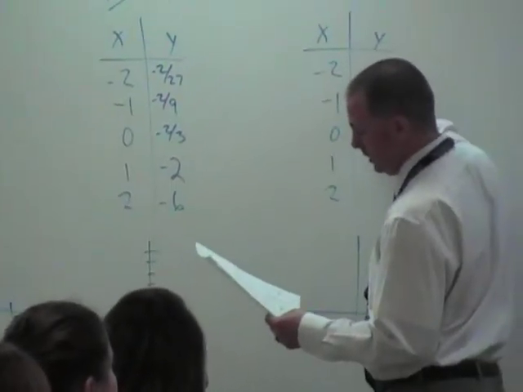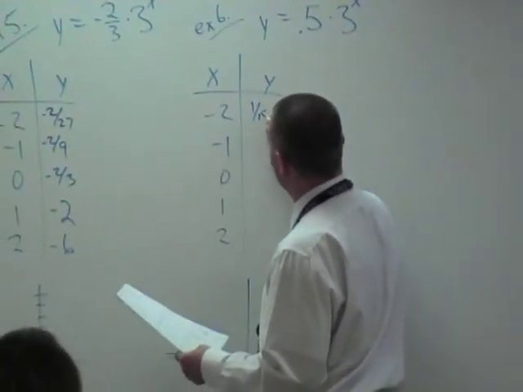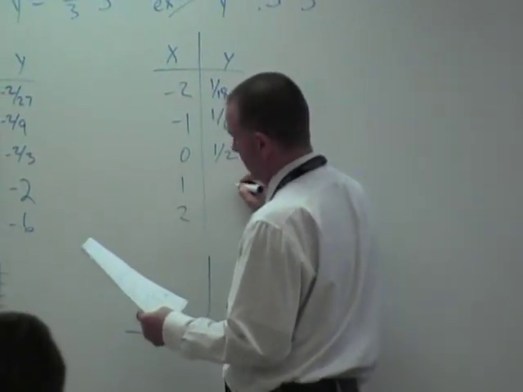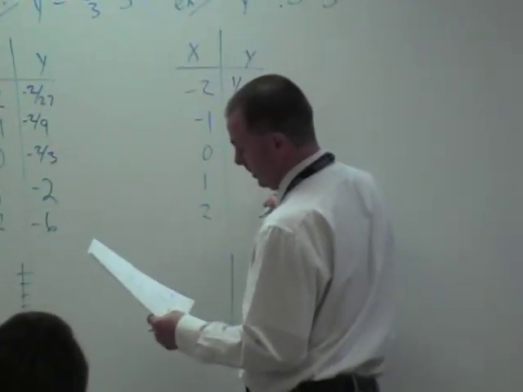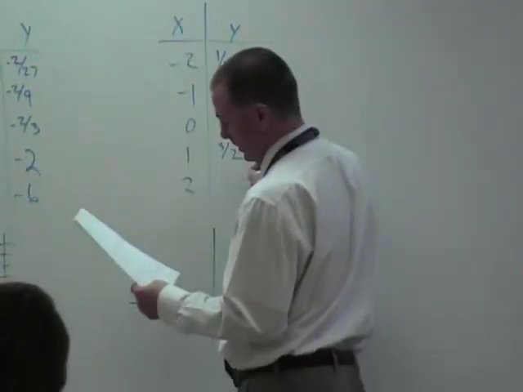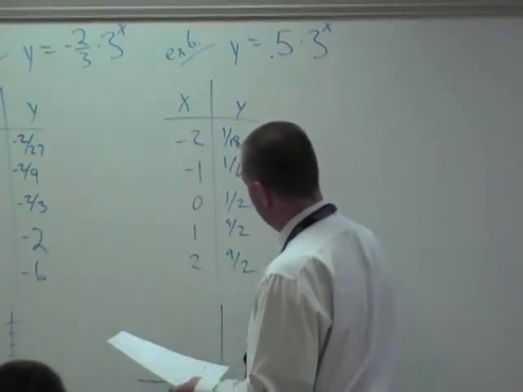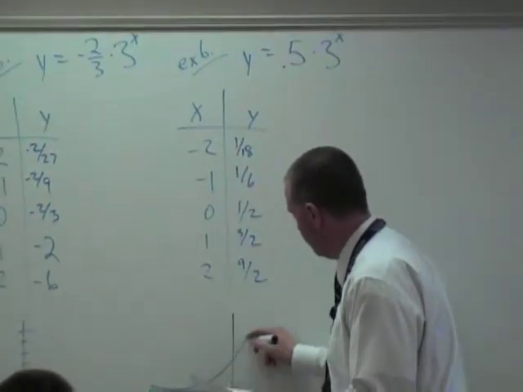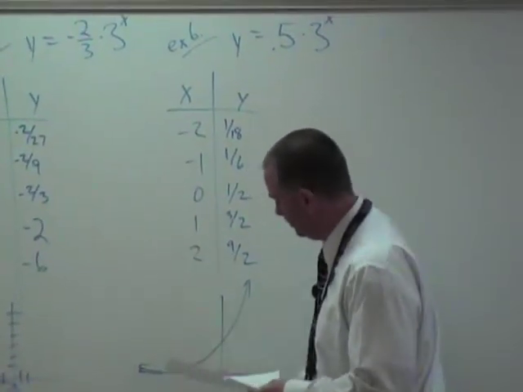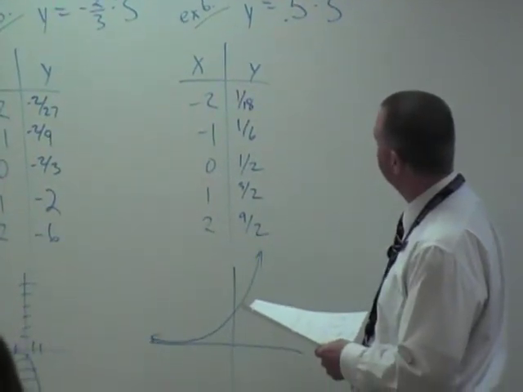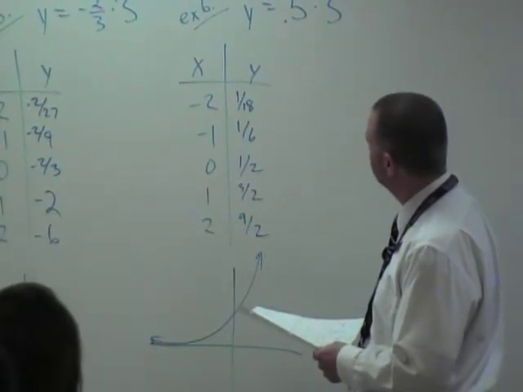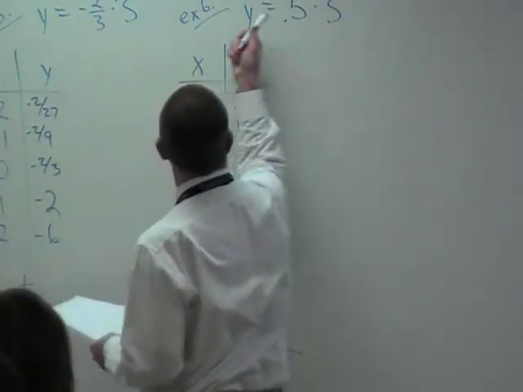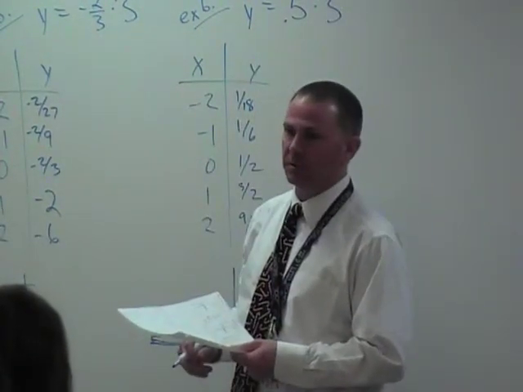Here are these: 1/18, 1/6, 1/2, which is what A is, 3/2, and 9/2. And this one looks like this as you graph it, just like the first one. But notice all your B's on each of these three, I made them all the same on purpose.